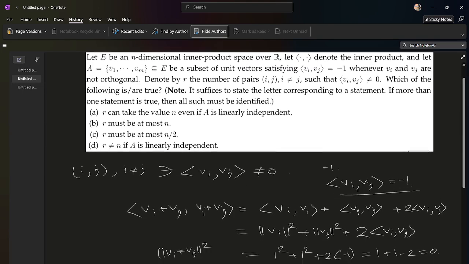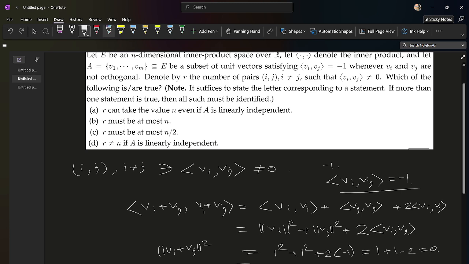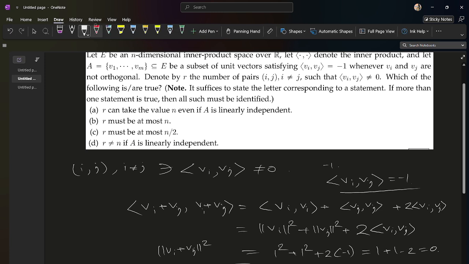So by this consideration, our options B and C will be ruled out. Now our option A is telling that R can take the value n even if A is linearly independent.